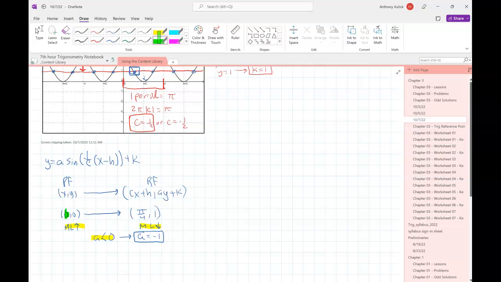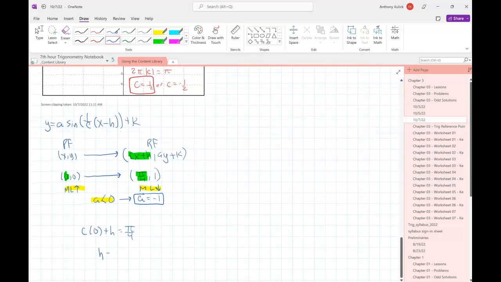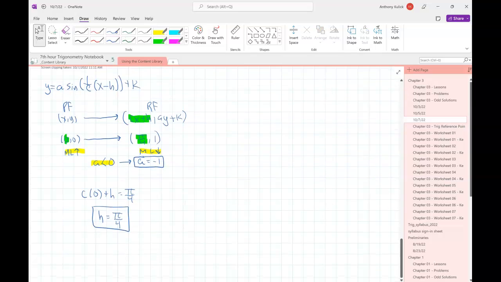And when I plug 0 into cx plus h and set that equal to pi over 4, I get that h is just equal to pi over 4. And that's now everything I need.